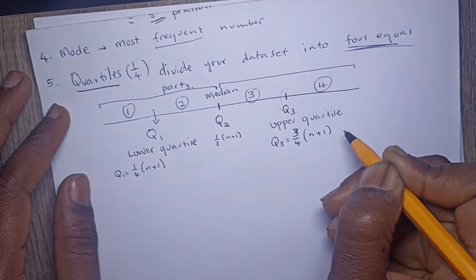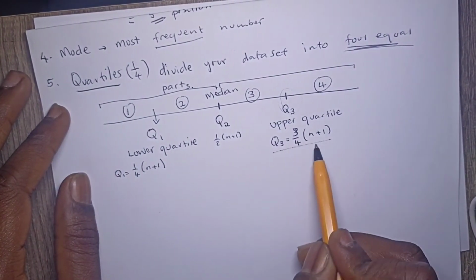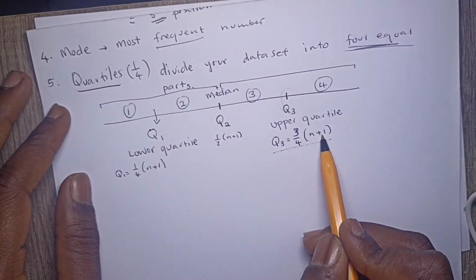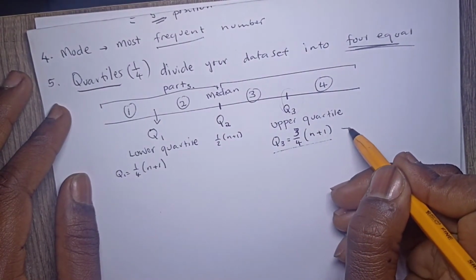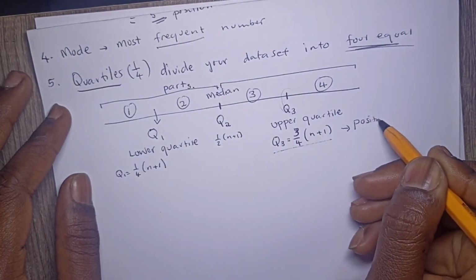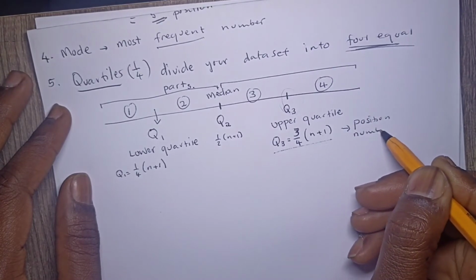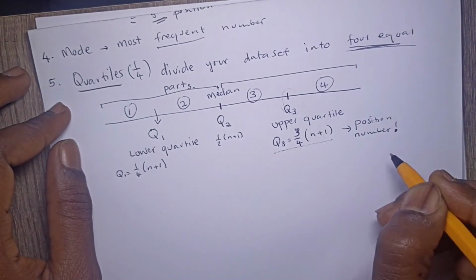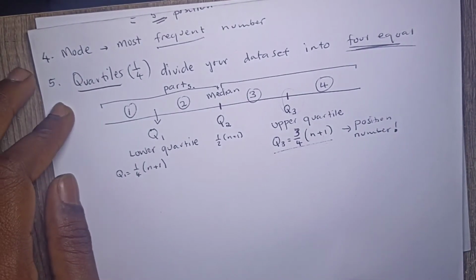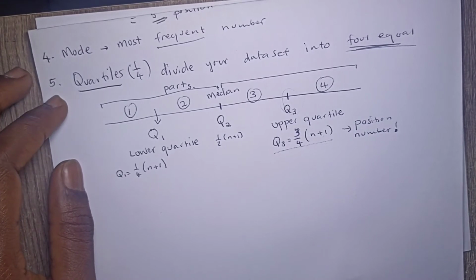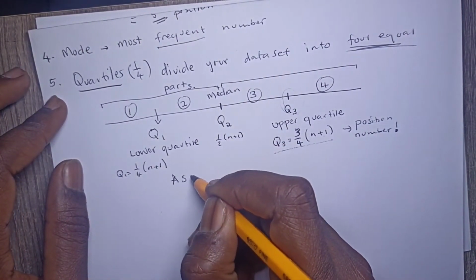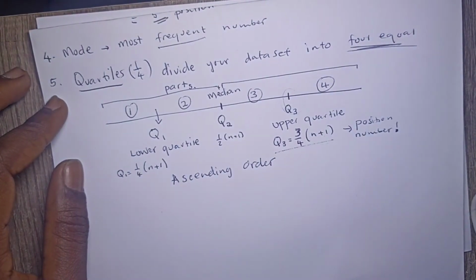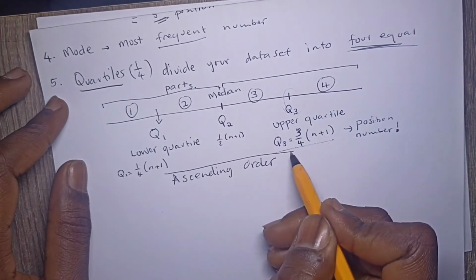So if you want to calculate the position number of Q3, the formula is 3/4 (n + 1). All of these give you the position number. Please don't forget that. After you get the position number, you need to go to your data set and identify that position. Make sure that your data is in ascending order. If your data set is not in ascending order, you won't get this question right.